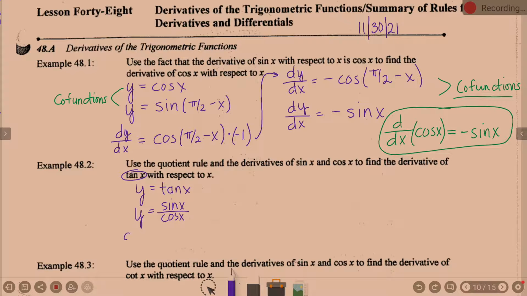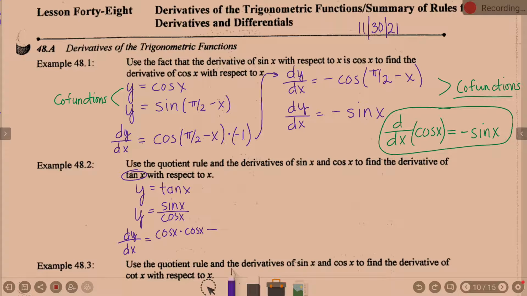So derivative of y is dy/dx. Okay, how's this quotient rule thing work? Derivative of the top. So what's the derivative of sine? Cosine. Cosine x times the denominator. Minus, and then quotient rule is a minus, the top.